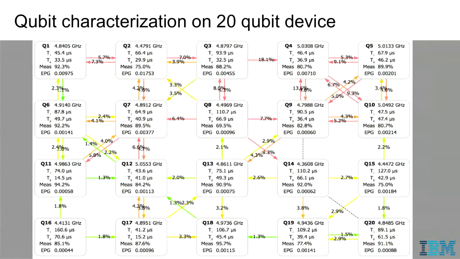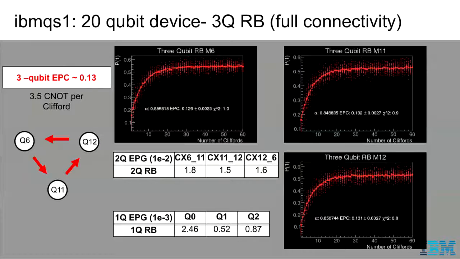On this device as well, we've run a 3-qubit RB. For this one, we didn't run the simultaneous 2-qubit and 1-qubit, but using the 2-qubit RB from the previous mapping, the error per Clifford should be a little lower.